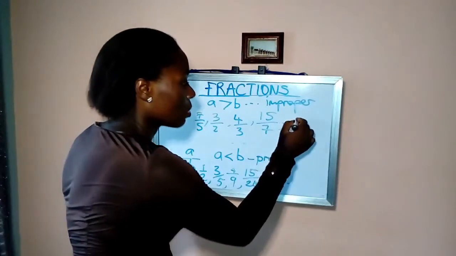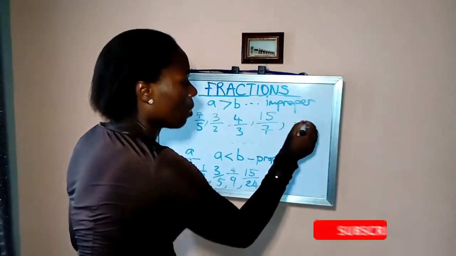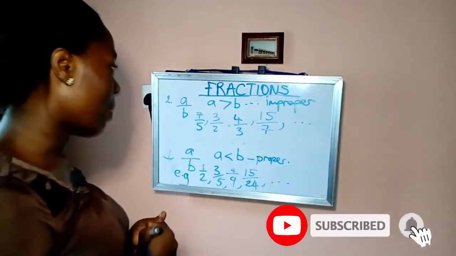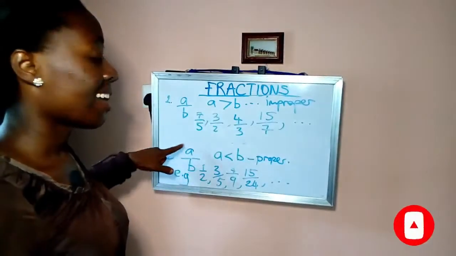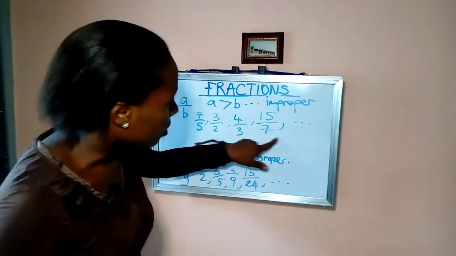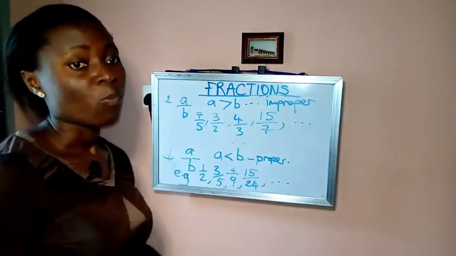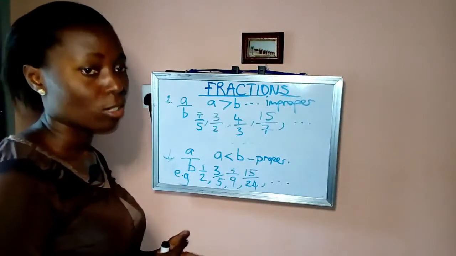The list goes on and on. Take note, all our numerators are greater than our denominators. So this gives you an improper fraction.